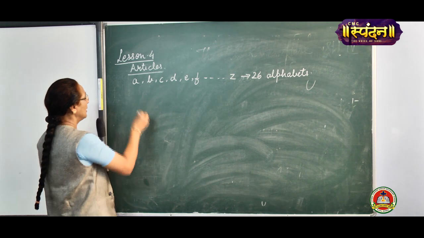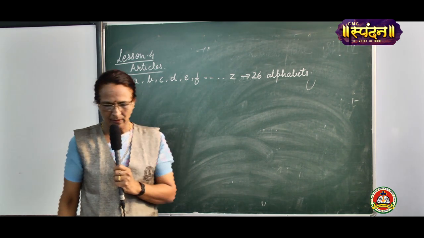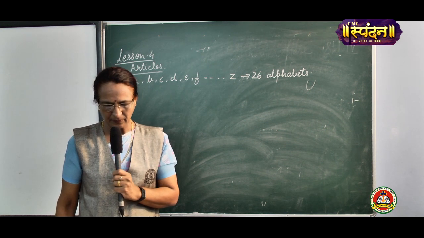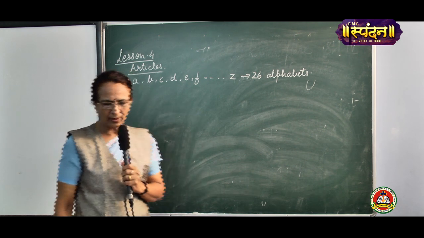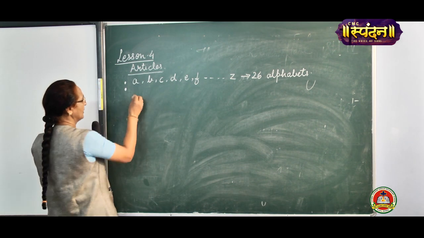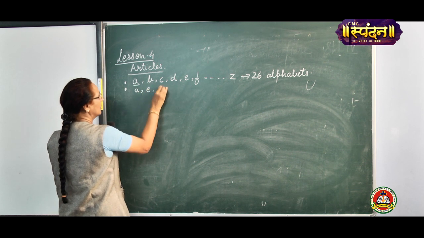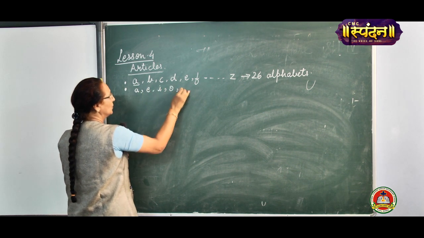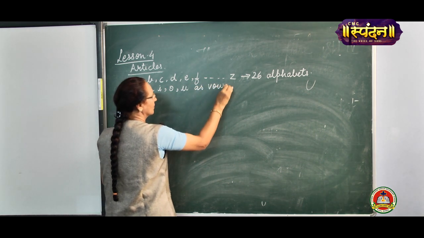Now, out of 26 letters, we have A, E, I, O, U as vowels.